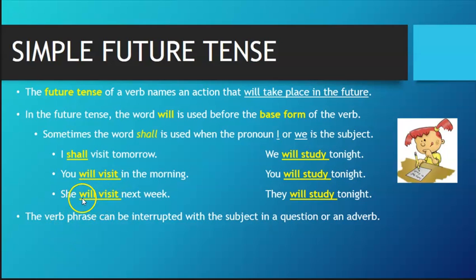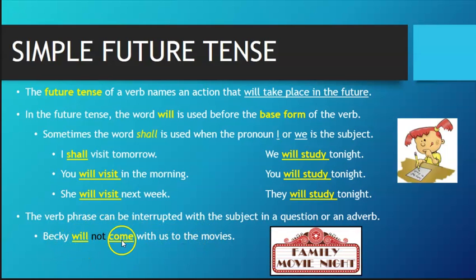The verb phrase, because that's what it is, we have the helping verb and the main verb. The verb phrase can be interrupted with the subject in a question or an adverb. Becky will not come with us to the movies. So here, will come is the future tense. It is our verb. We need both parts of it to make future tense. Not is separating our verb phrase.